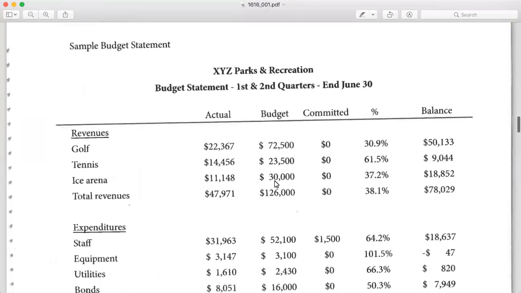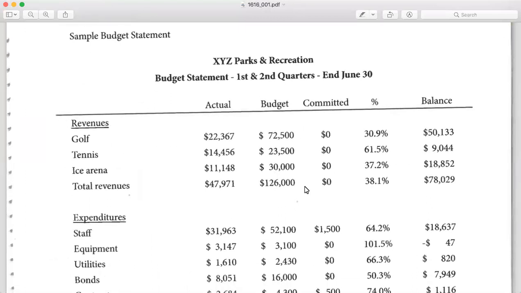So here's a sample budget statement. Again, allocated monies are those that have been budgeted and approved by a governing body. So these allocated monies are the budget, so it'd be under the budget line right here.